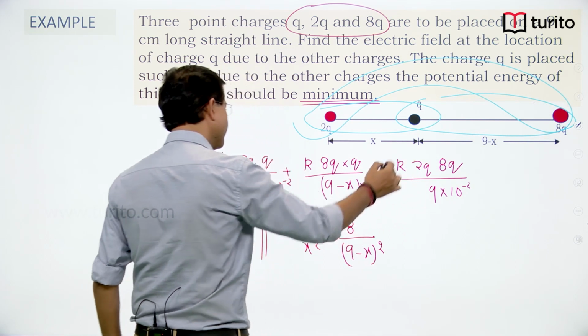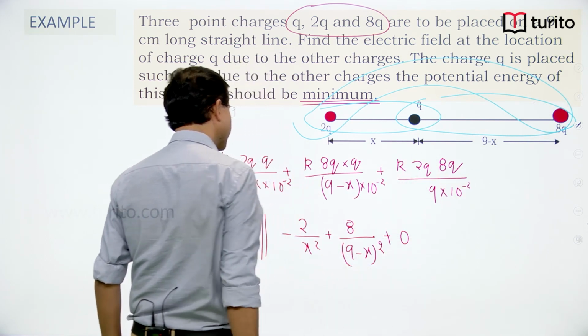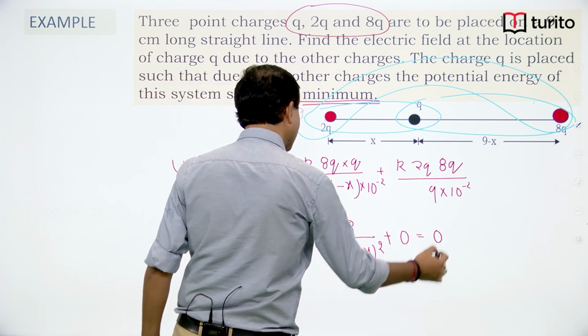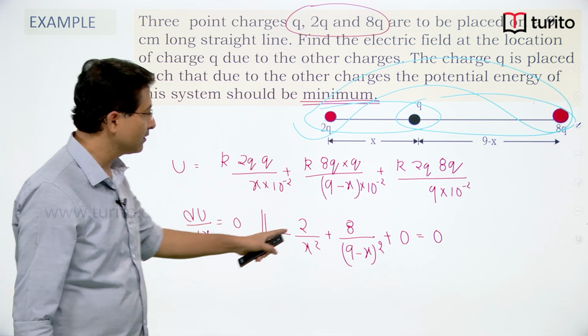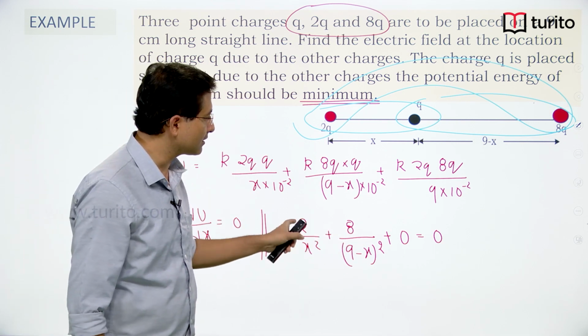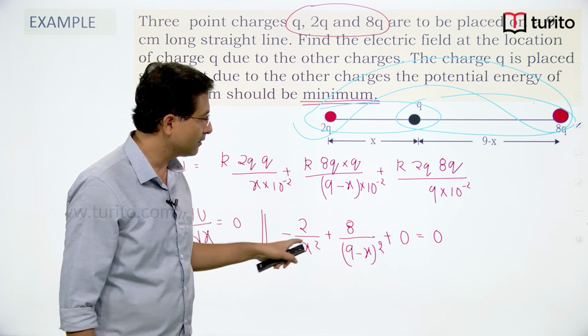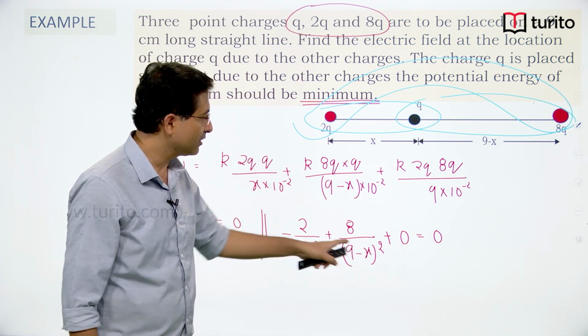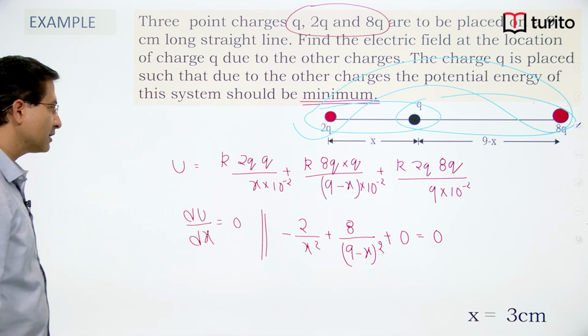Anyway this term is 0, a constant term, no x is coming, and this I need to equate to 0. So, I can easily simplify this one. You can see that this term will go on the other side, 4 will come this side, right, and if you simplify, 3 you will get this side, and after simplification you will get x is equal to 3 centimeter.